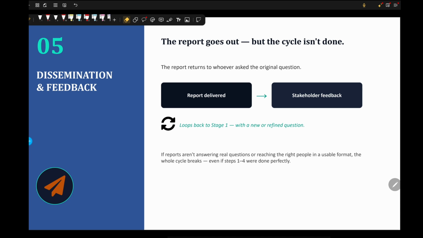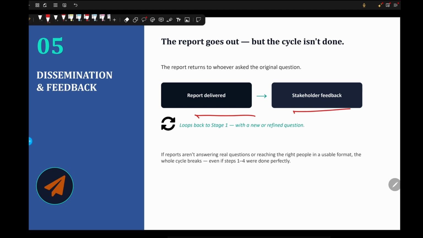So what happens in this stage? Basically, with all the analysis that you have done, let's say you have prepared a report. So you send this report to the people who asked the questions in stage one, right? It could be your stakeholders, CISO, whomever it is. So you deliver the report, it reaches the stakeholder, they review it, and they can come up with further questions, or maybe they are not satisfied with what you have provided.